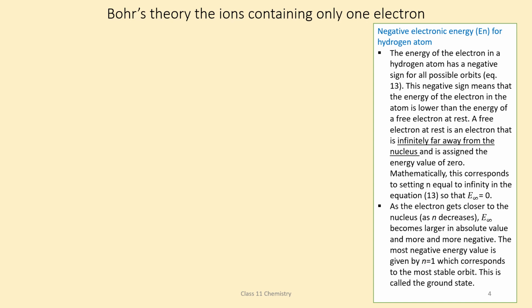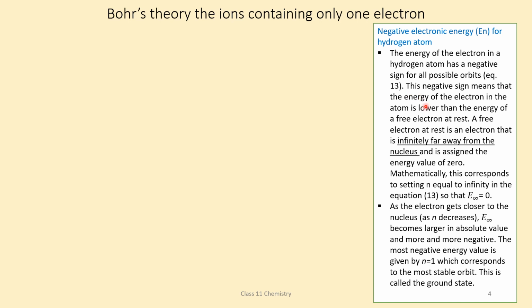The energy of the electron in a hydrogen atom has a negative sign for all possible orbits, as we have seen in equation number 13.